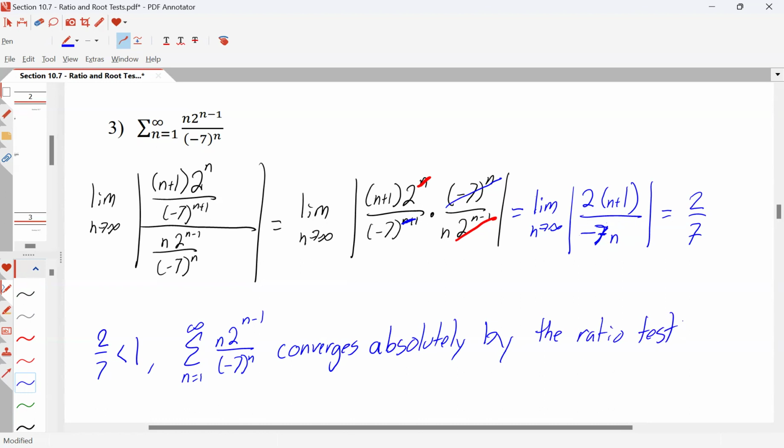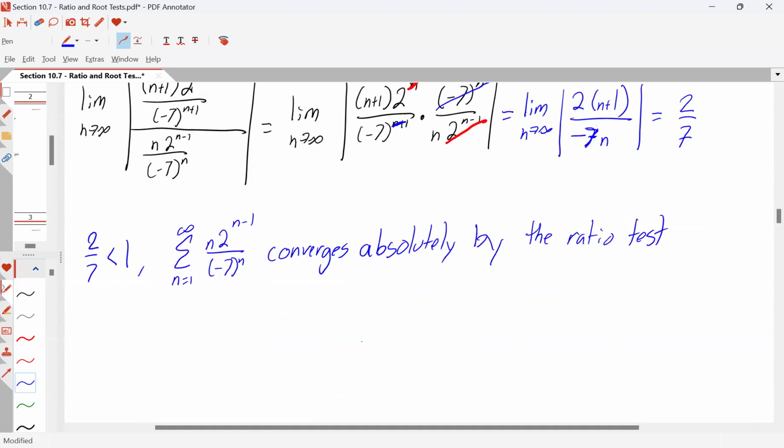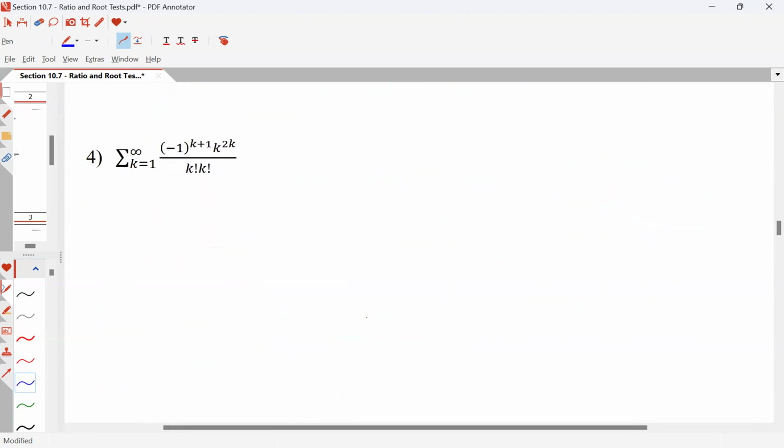Let's take a look at one more example. That last example is -1 to the k plus 1, k to the 2k, k factorial in the denominator.